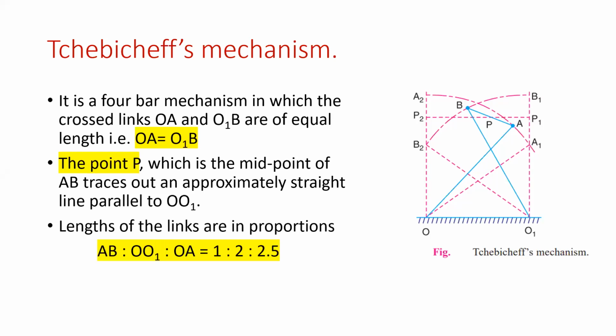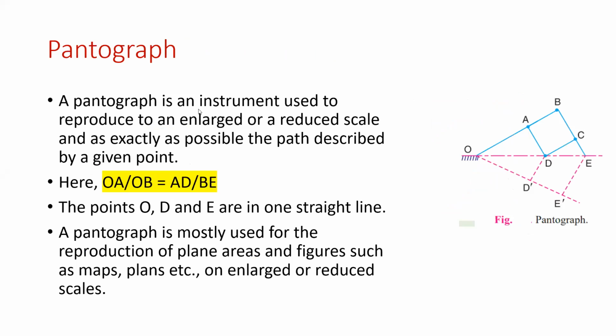Now let us go to other mechanisms which are there in this module. So next is your pantograph. As you can see here, a pantograph consists of link 1, link 2, 3, 4, 5.